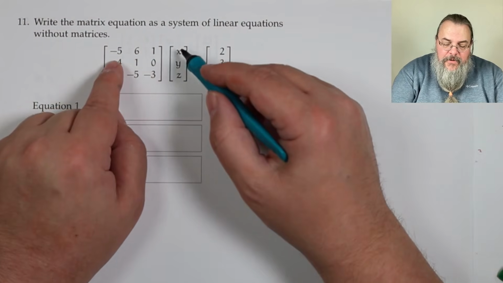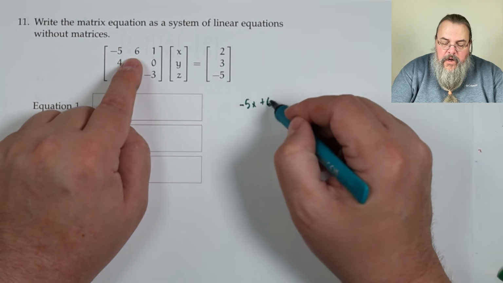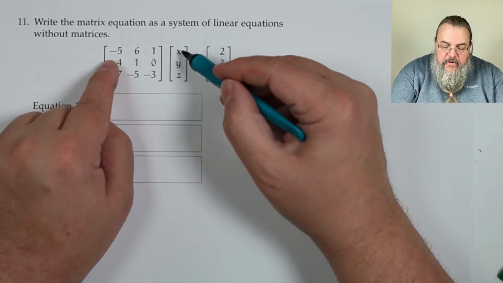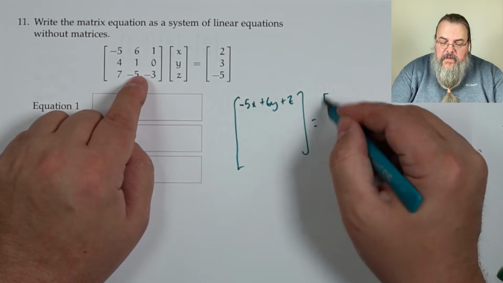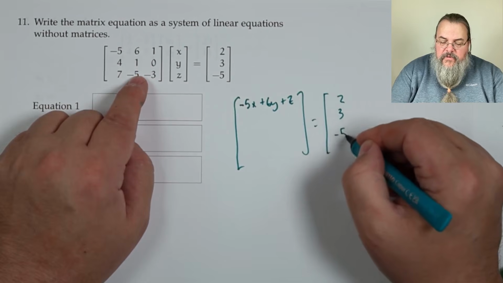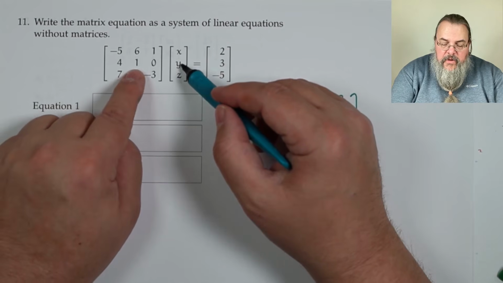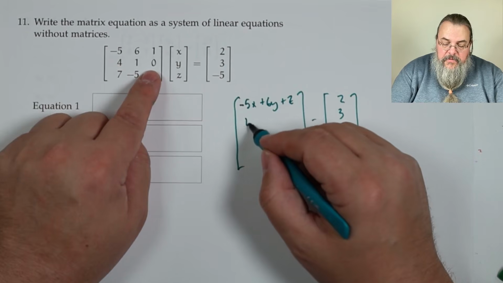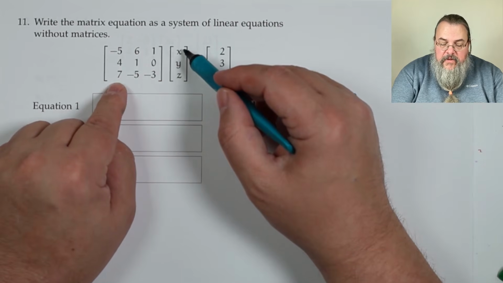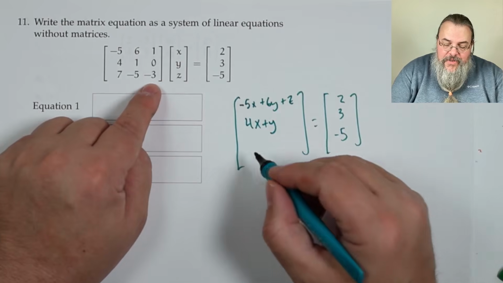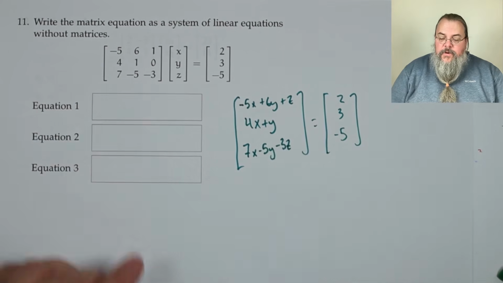So if we carry out the multiplication, this becomes minus 5x plus 6y plus z. So right, minus 5x plus 6y plus z. Okay. Equals, and this side 2, 3, minus 5. And now the next entry, 4x plus y plus 0z. So that would be 4x plus y. Last one, 7x minus 5y minus 3z. Okay, great. Now, what do?